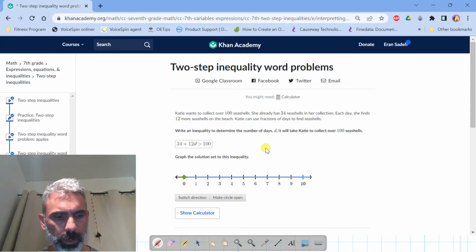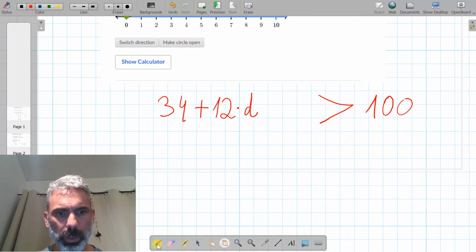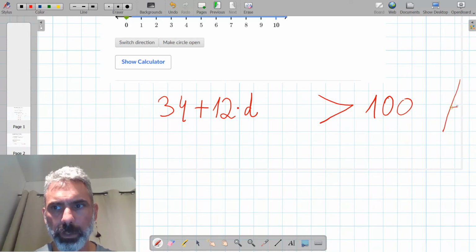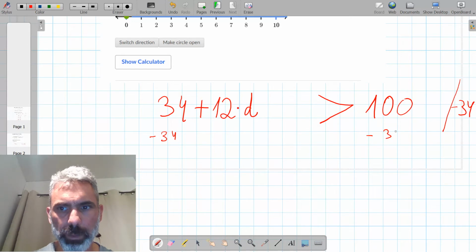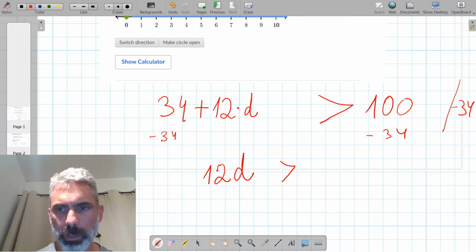Now we need to simplify this inequality to know what the solution set is. First I will subtract 34 from both sides of the inequality. On the left hand side I'm left with 12D, and it has to be greater than 100 minus 34, which is 66.